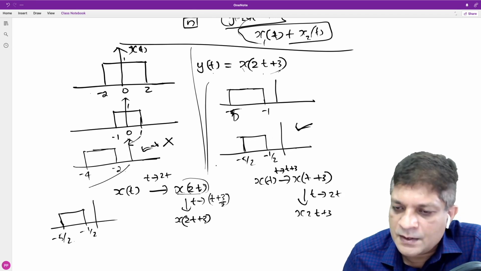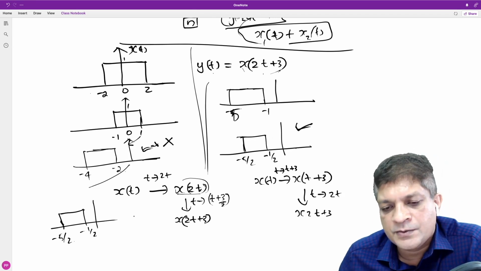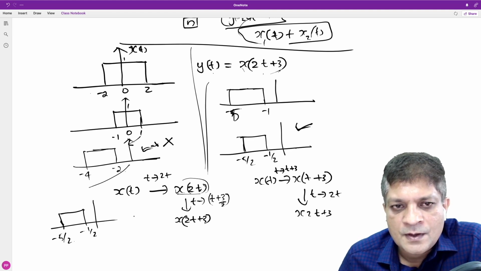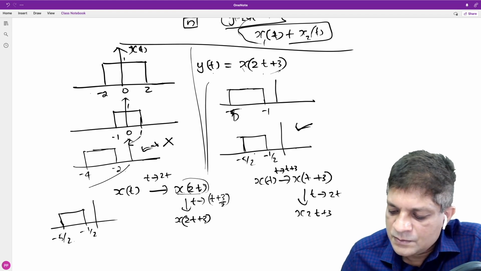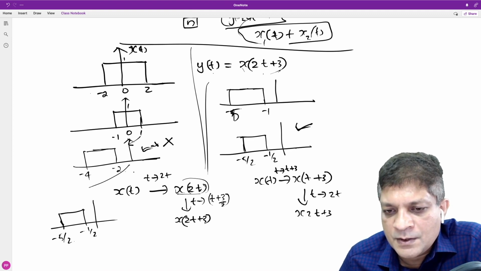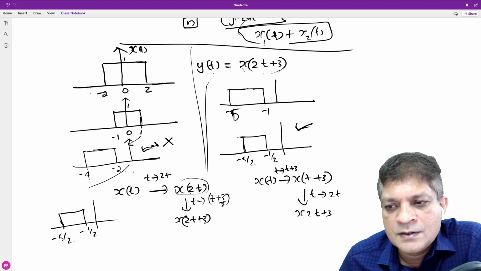So this is the correct answer. And the point here is you can do these operations in any order, but you have to choose the scaling and shifting factors properly. Then you will get the same answer, whatever order you are doing.